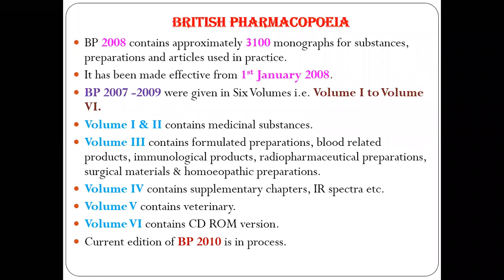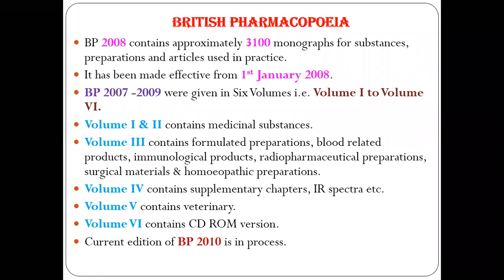So it is the knowledge regarding chemistry. Then the 5th volume contains the information about veterinary drugs, or the drugs which are utilized for the treatment of animals. Then volume 6 contains one CD-ROM version. It means we can say it is one CD.